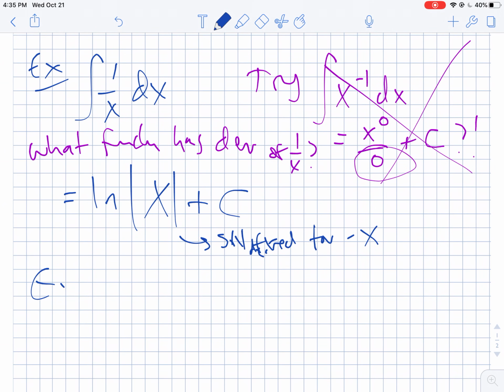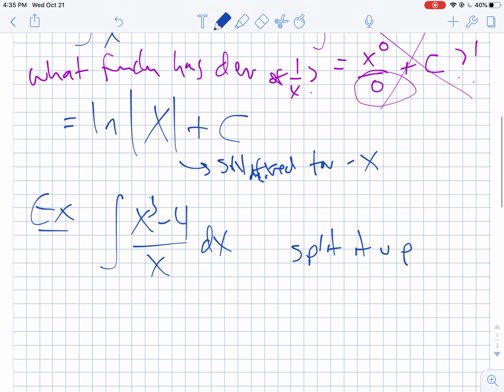Let's look at some other cases here. Suppose you have to take the antiderivative of x cubed minus 4 over x. When we took derivatives like this in the first couple weeks of the year, one of the techniques we used, that we're also going to use here, is to split this up into two different terms. Break apart the fraction into x cubed over x minus 4 over x.